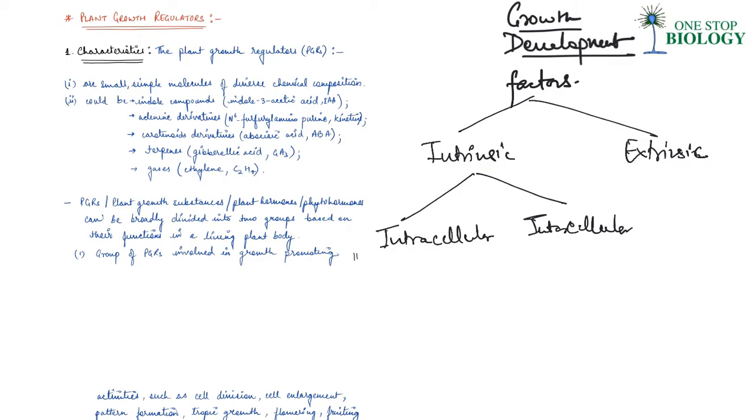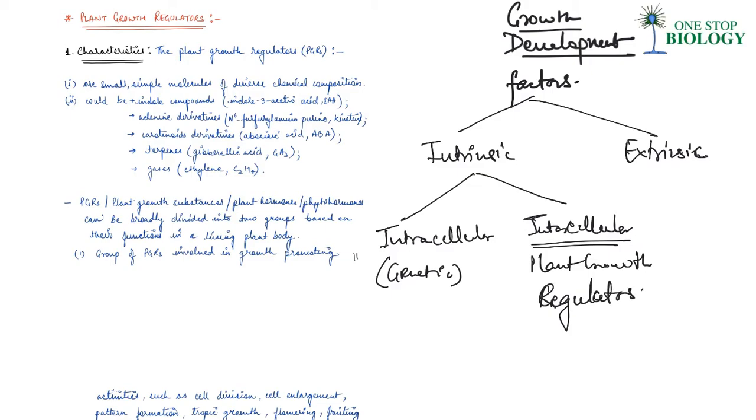Now, intracellular are actually genetic factors, and we are not going to talk about this. Rather, we are going to talk about the intercellular factors like plant growth regulators. So, the topic plant growth regulators is actually part of intercellular intrinsic growth. We are going to understand about this.